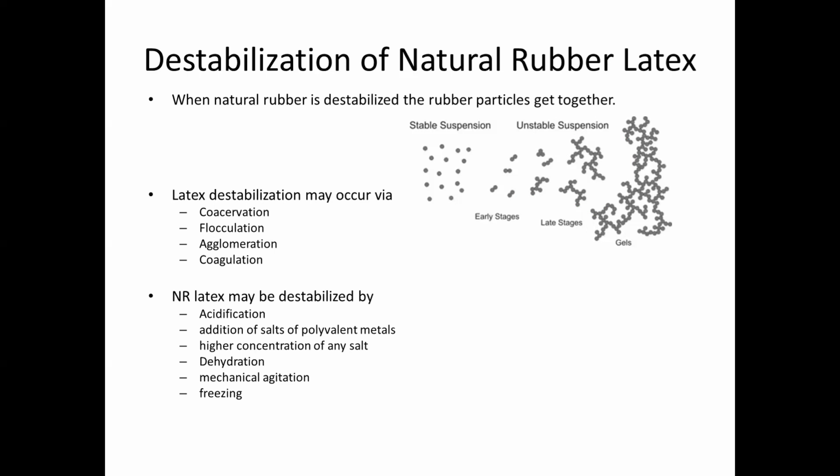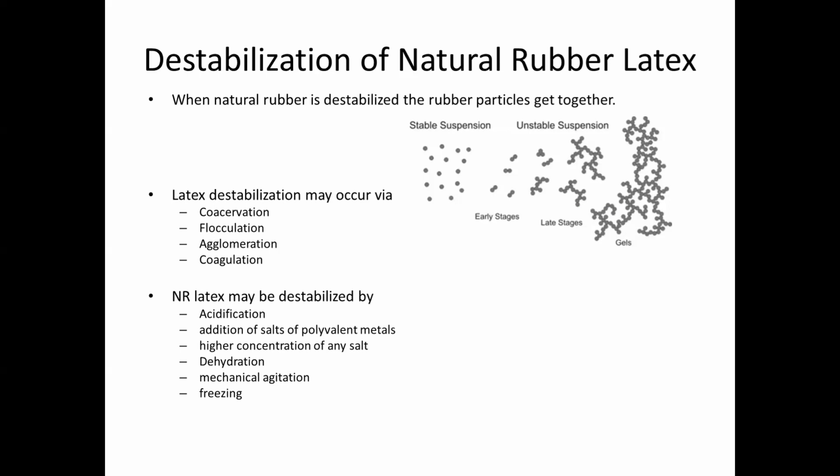Then any other salt, if you have in higher concentration, again the destabilization may occur. Dehydration, of course, when the water phase is evaporating, the particles will become closer together so that more aggregation will take place. So dehydration also leads to destabilization. Then again, mechanical agitation.